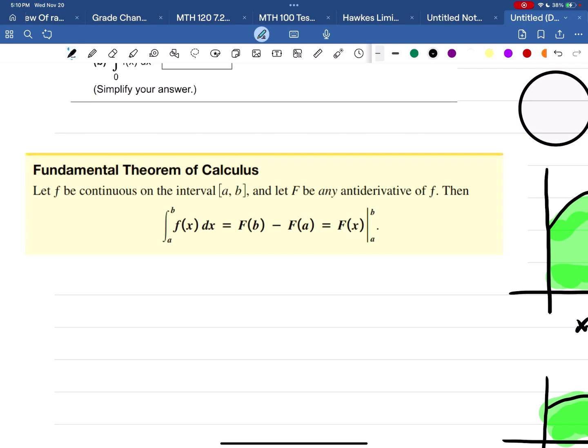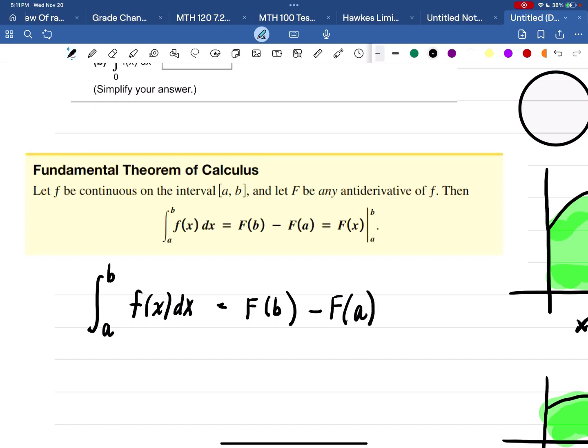So when we want to find that area, we're going to use what's called the fundamental theorem of calculus. And it says, looking at a function, f of x dx, from points A to B, then where f is the original function, now the way they write that is F of x, where F is the antiderivative.